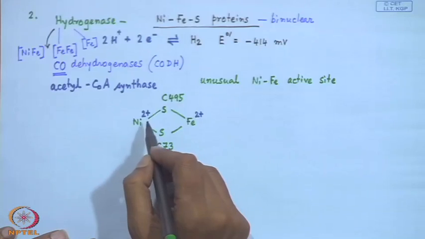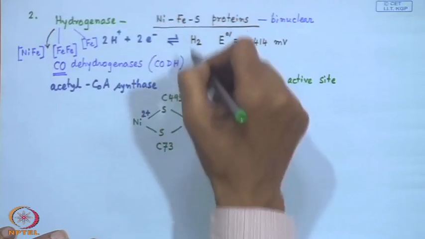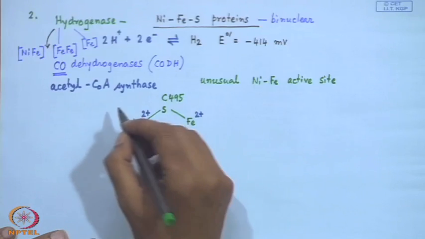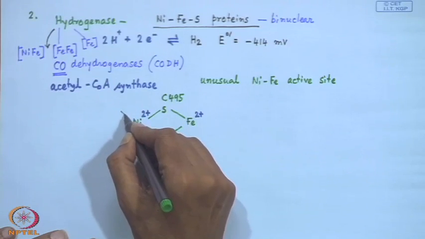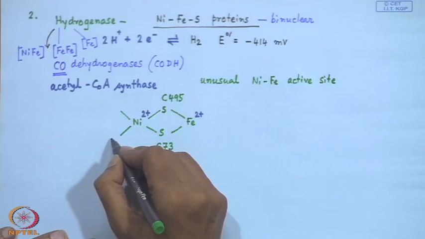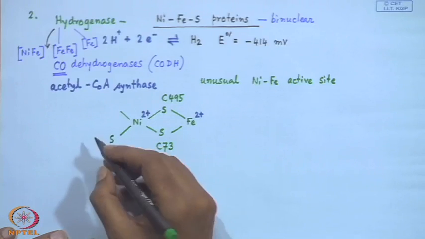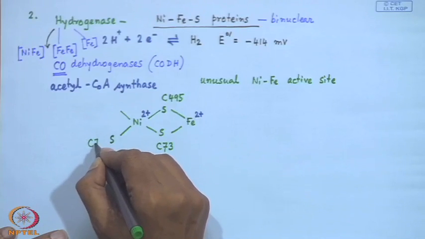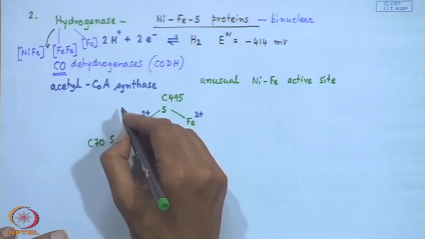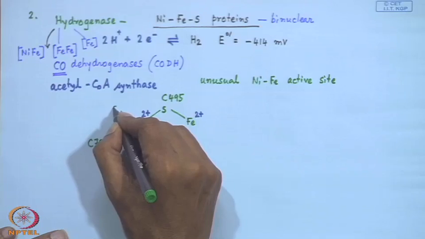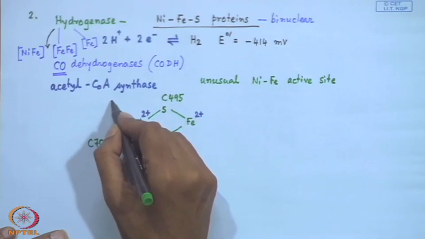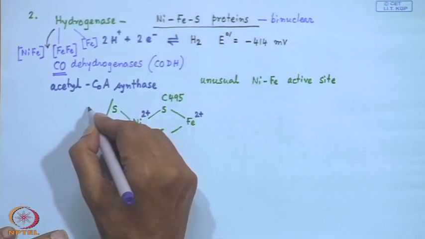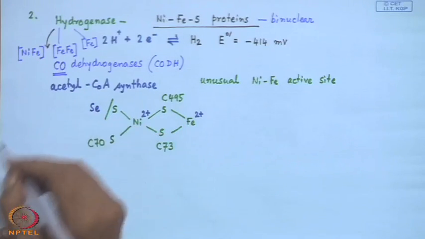So, if it starts from here, it goes, and on the other side it is ultimately coming at 495. And here, for the other two positions, one is again cysteine, which is cysteinate 70, and the other is sometimes sulfur from the cysteine residue, and in some other cases it is selenocysteine, that means a selenium function is there.